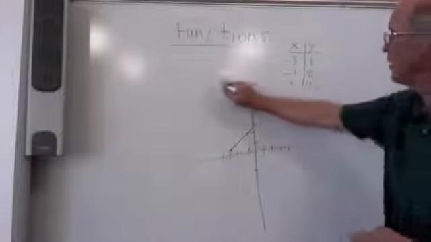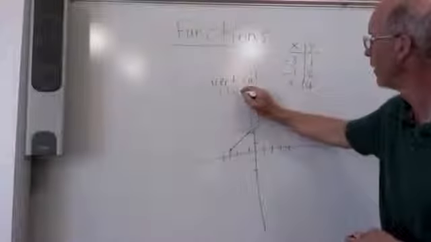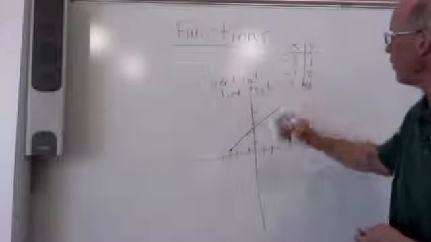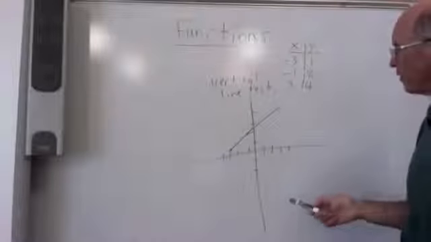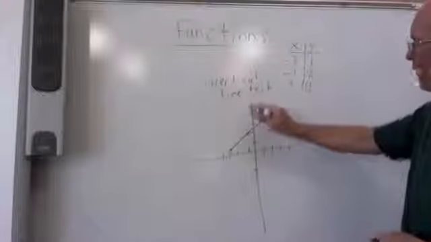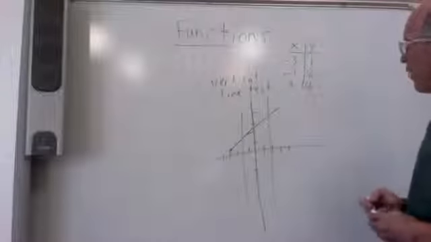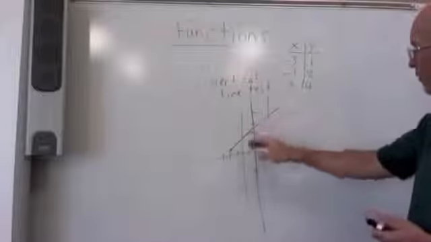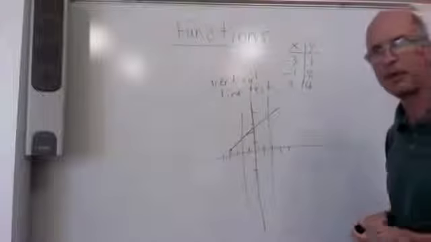There's a handy test called the vertical line test. It only really works if you see it graphically, but if it's graphical, it's a very quick test. What it says is, if I just draw a vertical line anywhere, if it crosses this line of values at only one point, then it's a function.